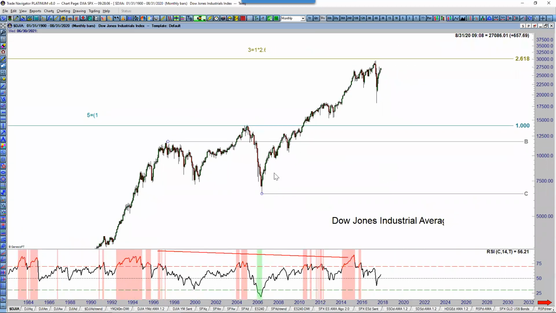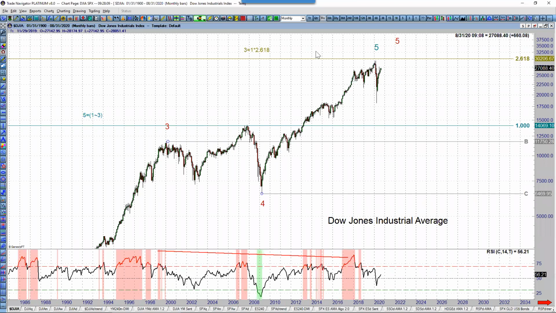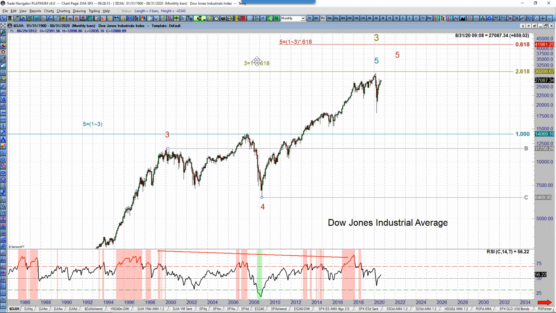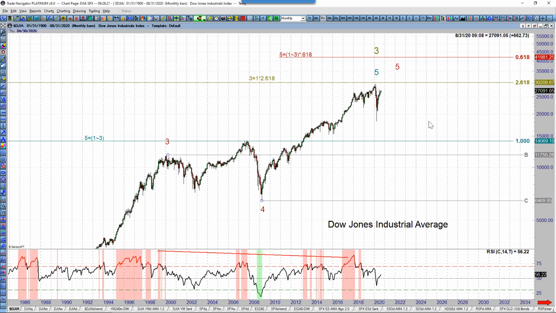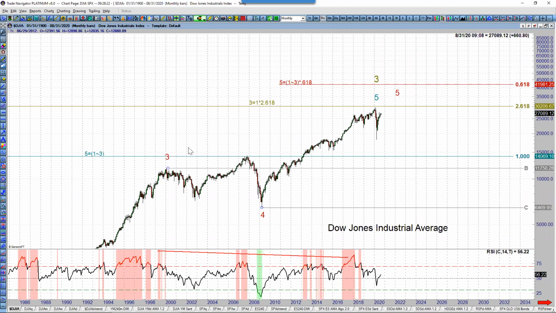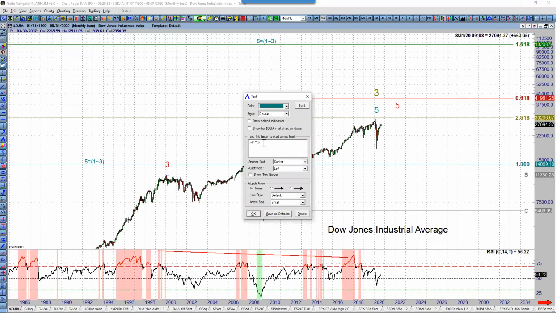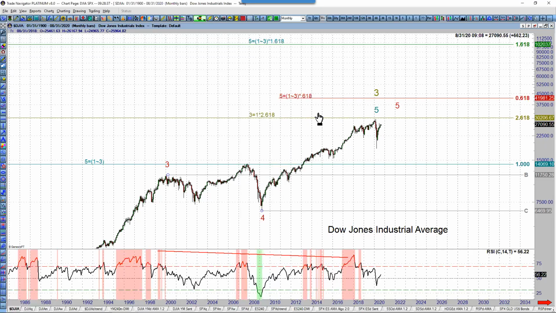And we're going to start looking at the subdivisions on the way up here. So I want to make sure that all my targets are showing here. So we've got a couple of large degree targets. We've got another, the cycle degree target is still quite a bit lower. Then there's an enormously higher target on the cycle degree labels at 102,000 on the Dow.